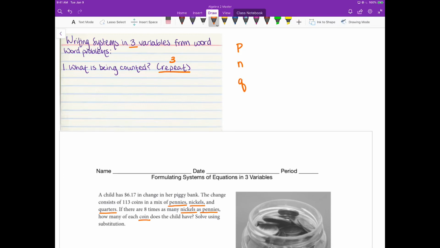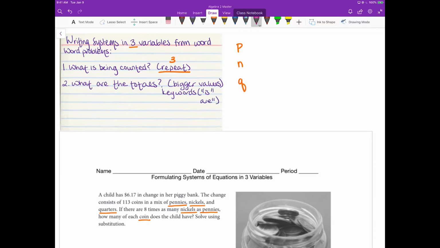And the next thing I look at is what are the totals. And not only do I look for bigger values, but I look for keywords such as is or are.